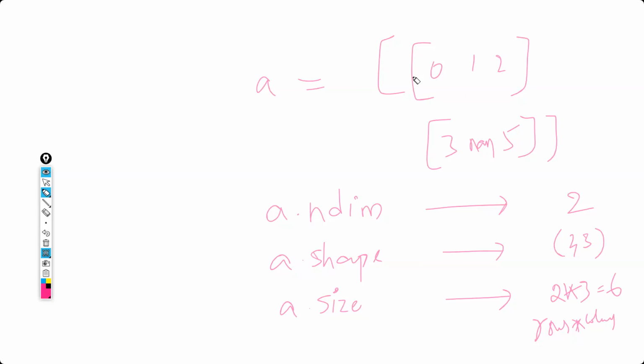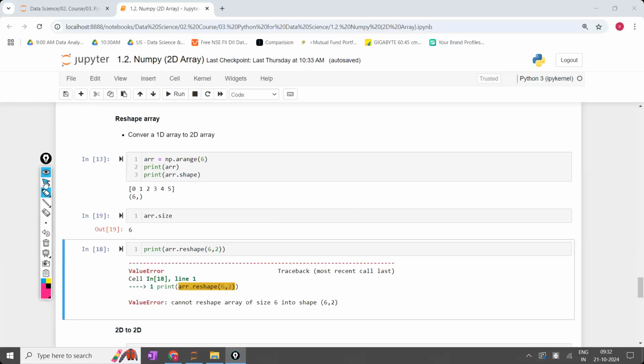Though a missing value or a string is there, it will not observe that. Just number of rows into number of columns. Simple. Size gives the number of rows into number of columns. Is the point clear? For 1D, the size and length are both the same. There is no difference.